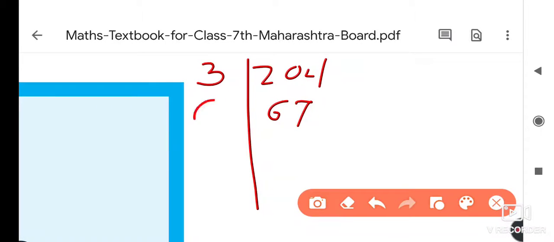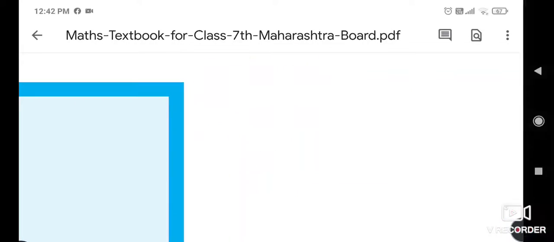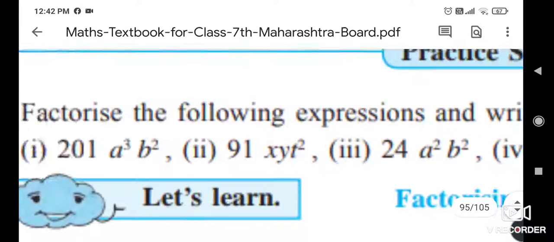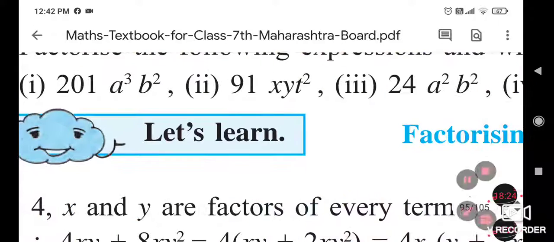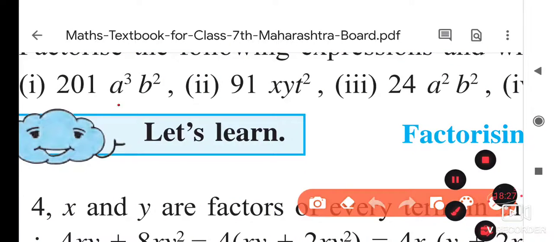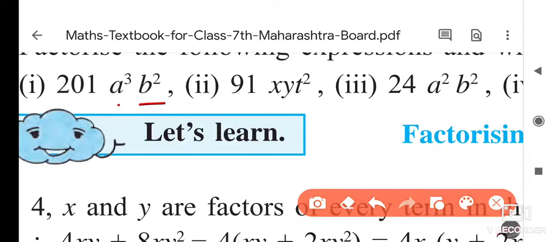And 67 is a prime number, so 67 ones are 67. So 201 is 67 into 3, then a into a into a, and b square is b into b.